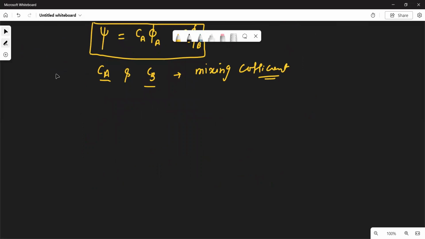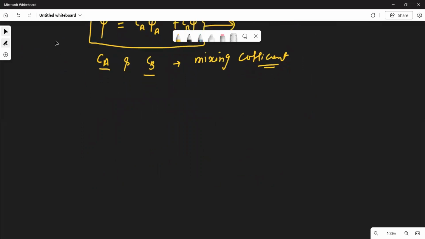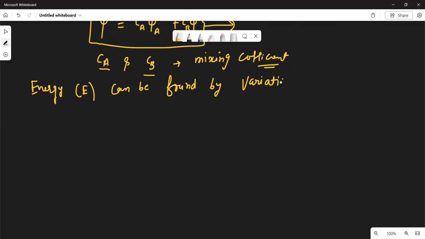Now we will try to find the energy of this system, that is E, which can be found by the variation method.